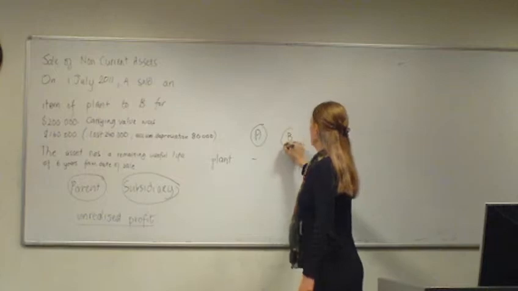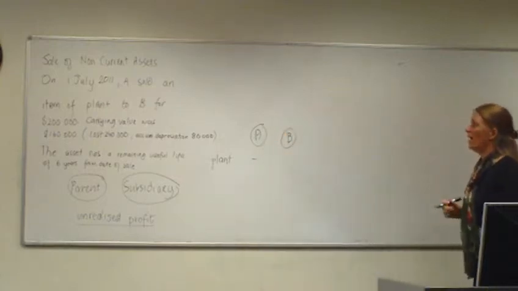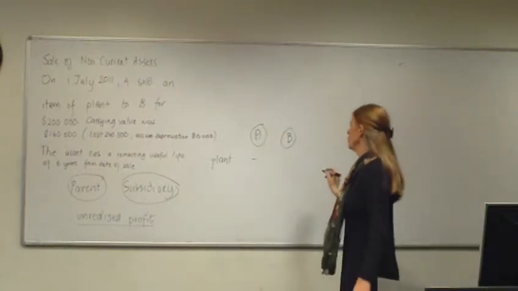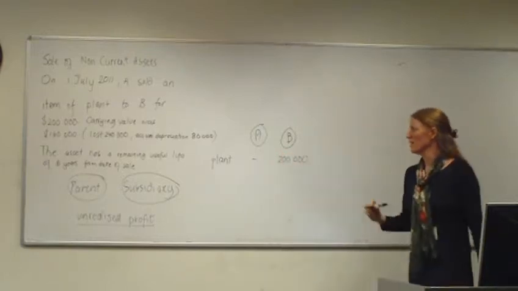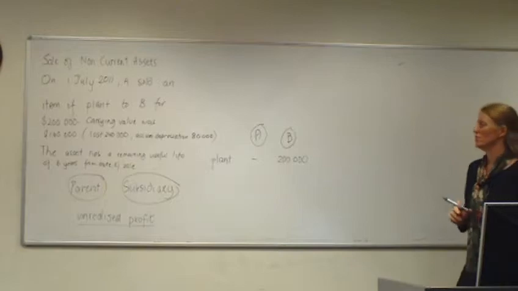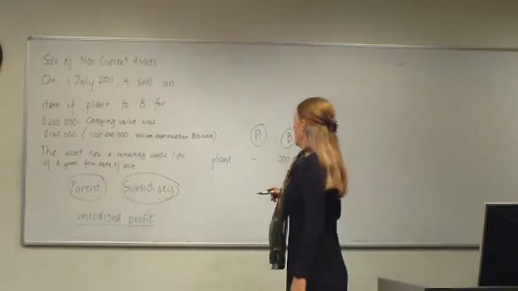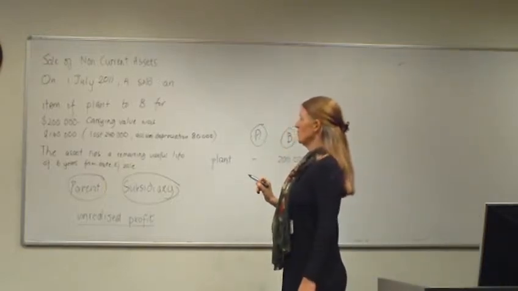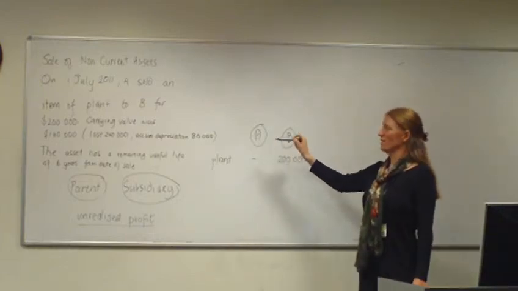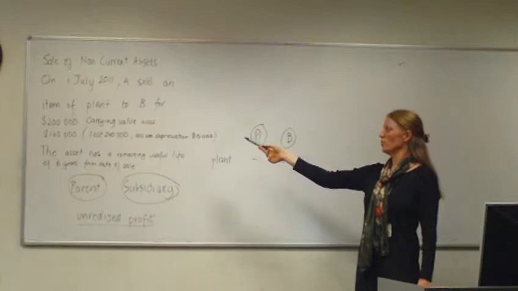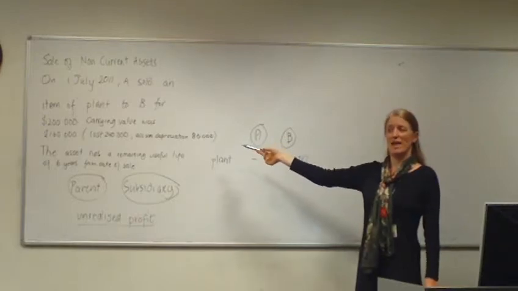In the books of B, it's been purchased for $200,000, so B has plant of $200,000. The carrying value was $160,000. When it was in the books of A, its cost was $240 and its accumulated depreciation was $80.